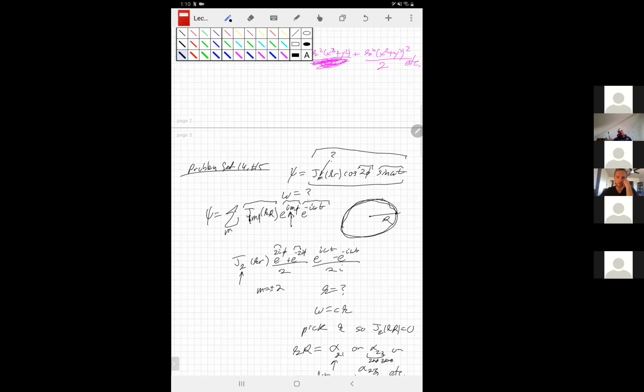There are a few ways that J2 of kR could be 0. It could be 0 if kR is equal to the first zero of J2, to be specific about which Bessel function. J2 of kR could also be 0 if kR is the second zero of J2, or the third zero, and so forth.